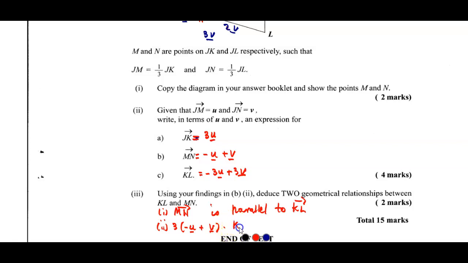So KL is 3 times MN. So that's the second geometrical relationship we have found there. So here ends question 11.